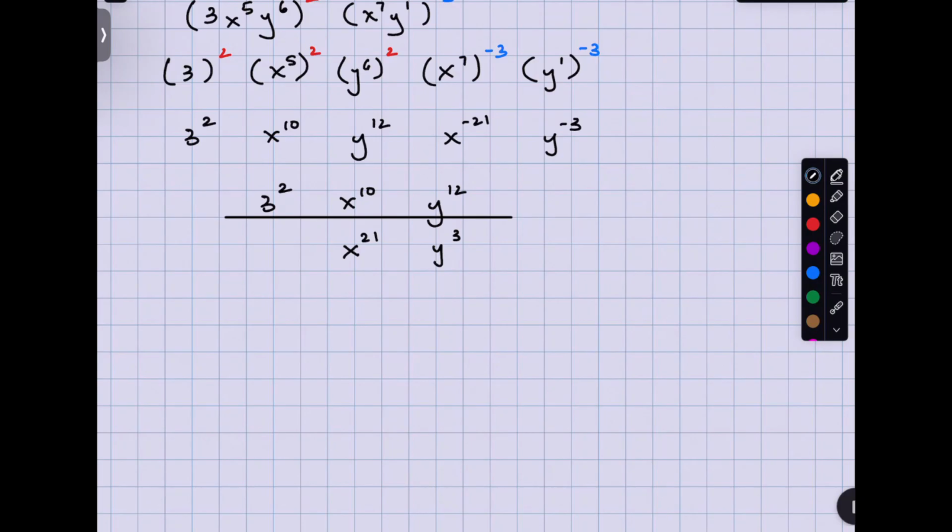Okay. Well, it's not 9x though. It's just 9. Okay. So there's 10 x's on top, 21 x's on the bottom. 10 of them are going to cancel out. So how many x's are left, and where are they?